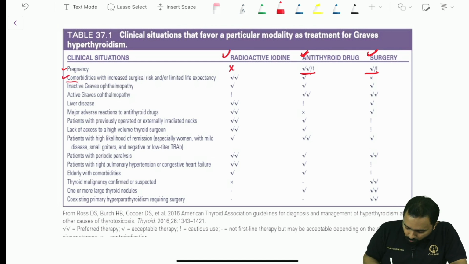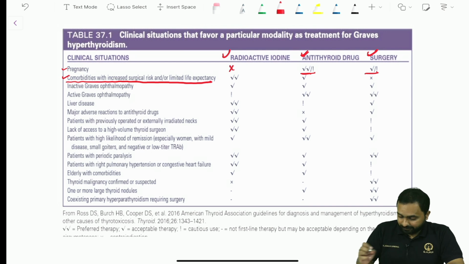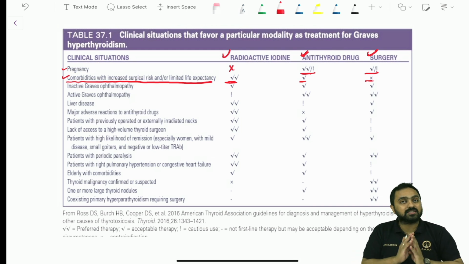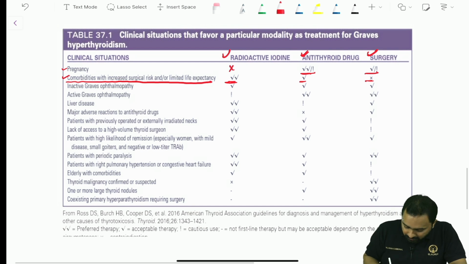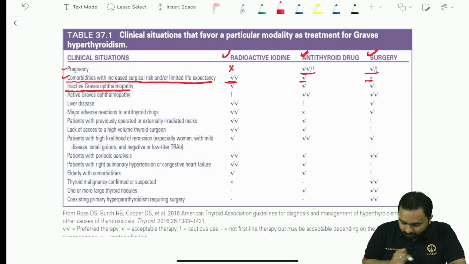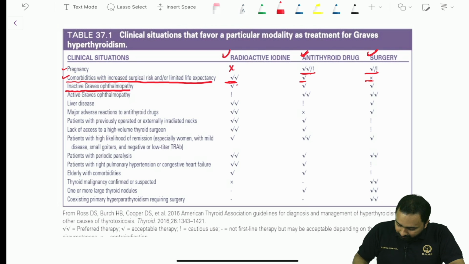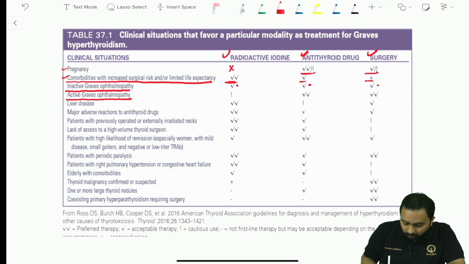Then you have comorbidities with increased surgical risk or limited life expectancy. There you can give radioactive iodine, antithyroid drugs may be given, and you do not do any surgical intervention in such a patient. Then you have inactive Graves ophthalmopathy. In that you can treat with radioactive iodine or antithyroid drugs or surgery. Then you have active Graves ophthalmopathy.